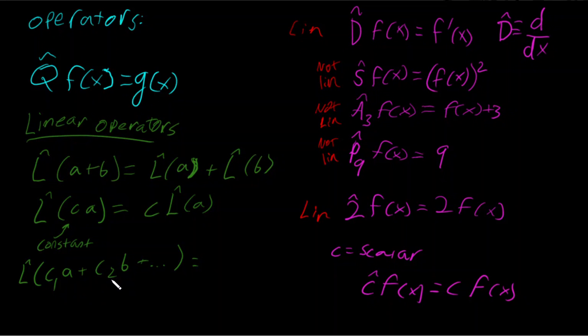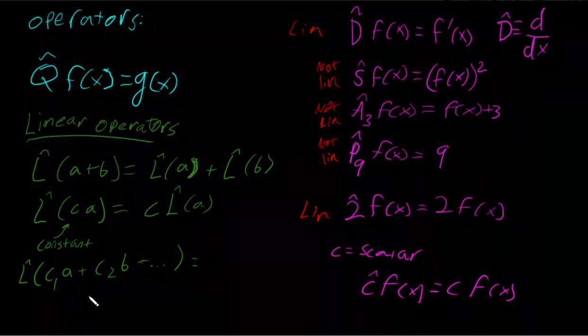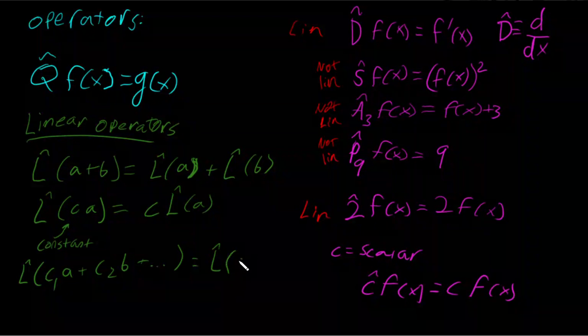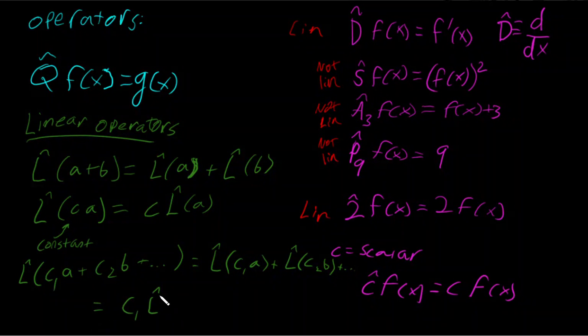And so if we look at this, let me redo that. This would be L hat on C1A plus L hat on C2B plus dot dot dot, which would be equal to C1 L hat on A plus C2 L hat on B plus dot dot dot.